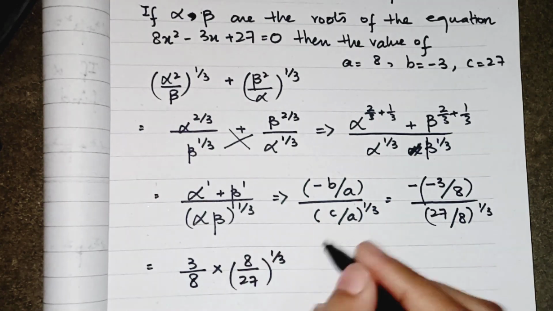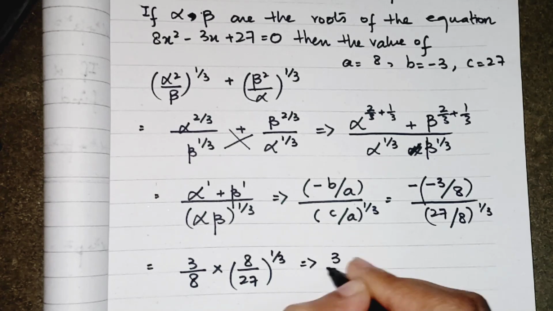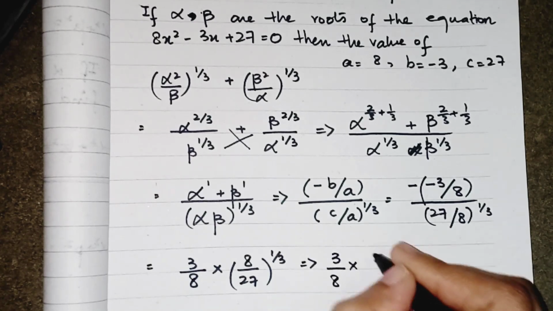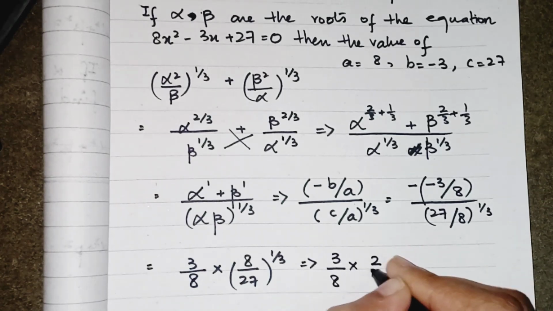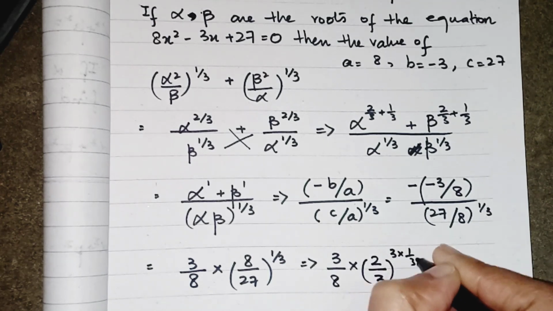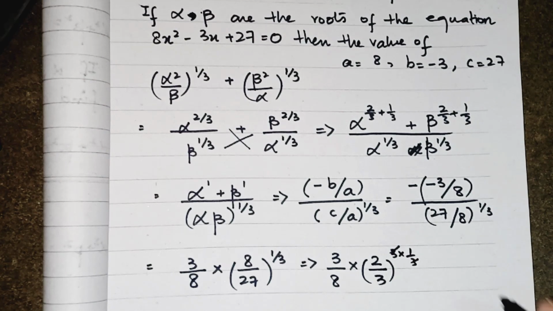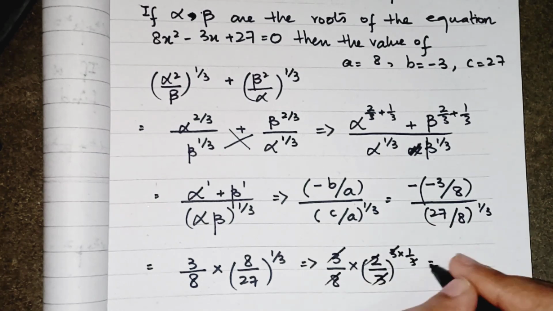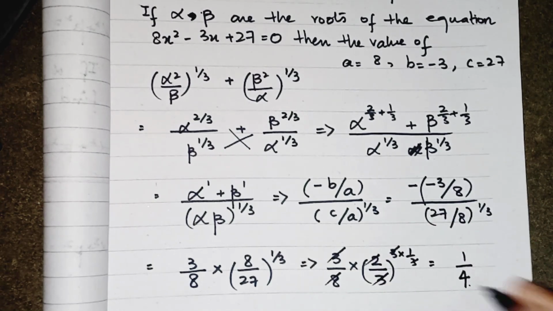Now this one is also sorted out: (3/8) multiplied by (2/3)^(3 × 1/3). Both powers cancel out to each other, 3 and 3 both cancel out, and we will get the answer as 1/4.